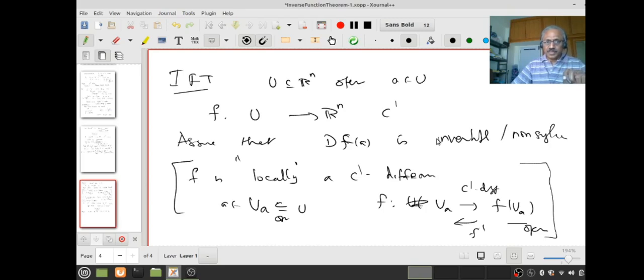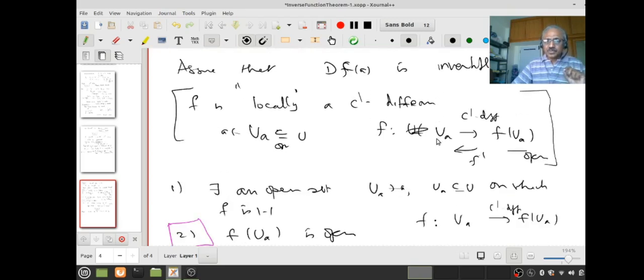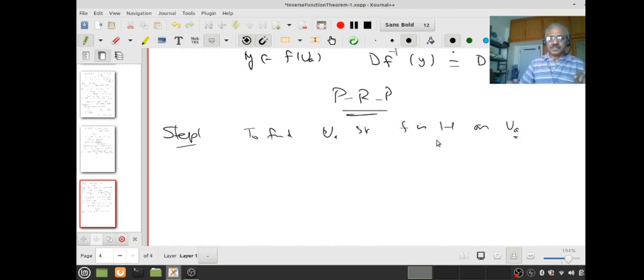Even in one variable, if you go through the proof, we know what we have to start with. What do I have to start with? An open ball. There I chose a minus delta to a plus delta. Here I choose an open ball B(a,r), so that for every x here, df x is non-zero.